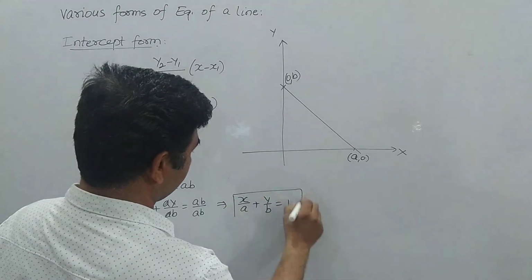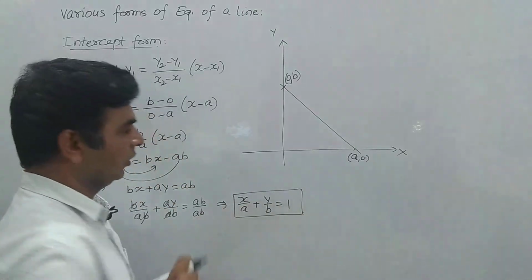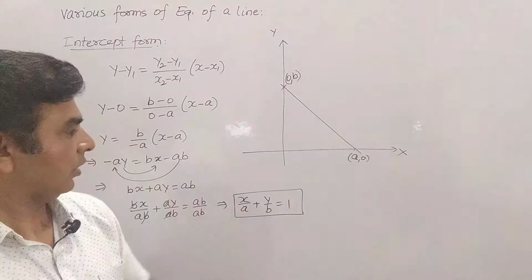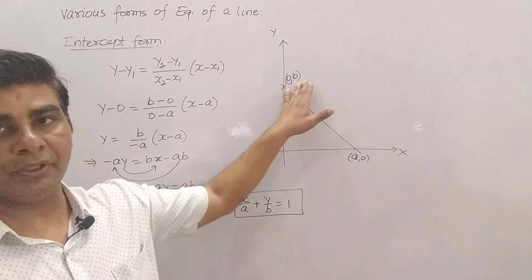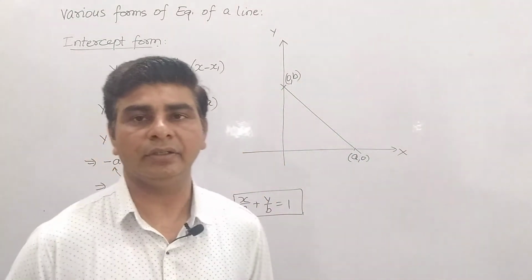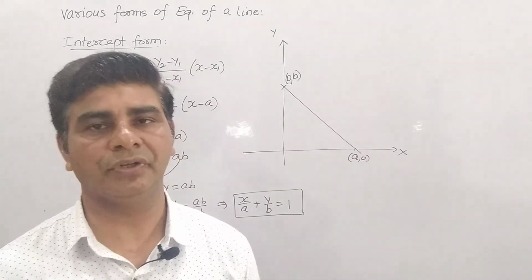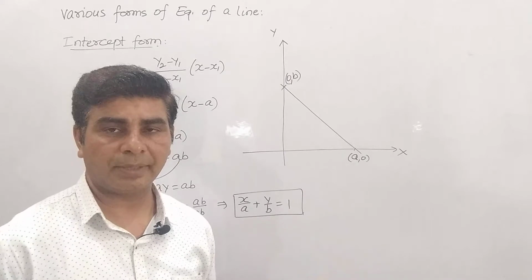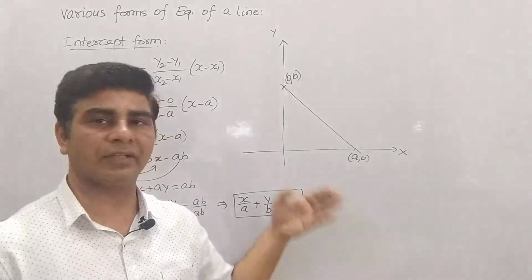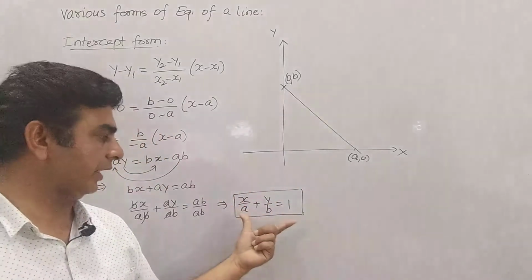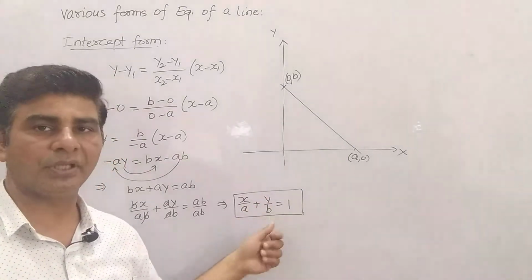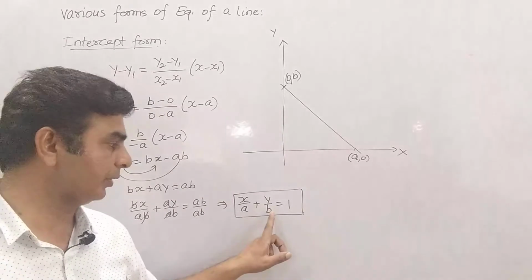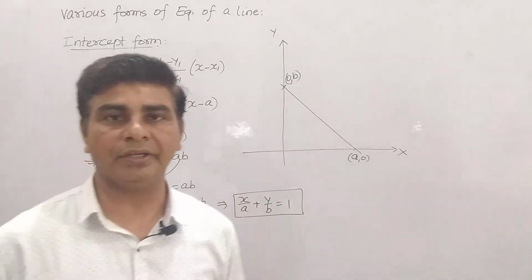So this is the equation of a line which makes intercepts (a, 0) and (0, b) on the x-axis and y-axis respectively. So in case you are given the intercepts made by the line with the x-axis as well as the y-axis, then the equation of the line is given by x upon a plus y upon b is equal to 1, where a is your x-intercept and b is your y-intercept.